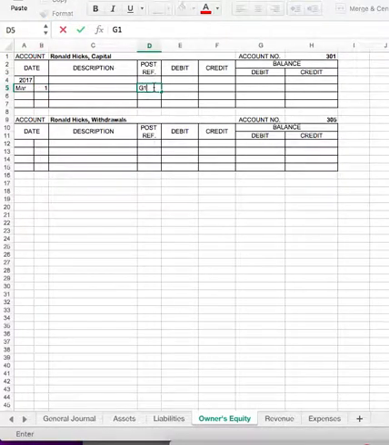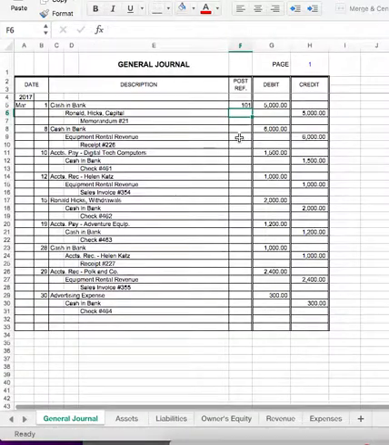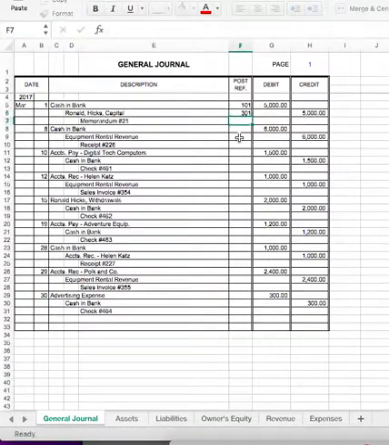Again, General Journal, page 1. Okay, credit of $5,000. Again, we have no balance, so we're going to write $5,000 here. And since it's capital, which carries a credit balance, we're going to record it in the credit balance column. It's account 301, so you're going to come over to the General Journal, and you're going to write 301. All right, that transaction's done.